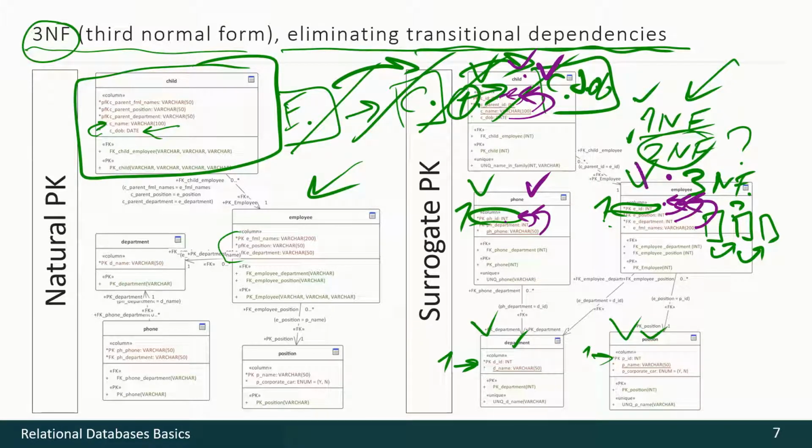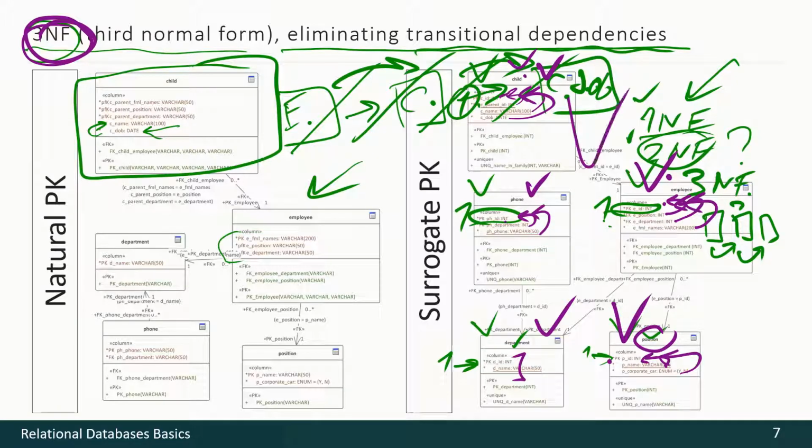So no transitional dependencies here. What about department? We have two fields only, so no transitional dependencies by definition. What about position? We have ID, and we have the position name that depends on ID, and we have the information about car that depends on the position ID. So everything's okay here, and we see that we have the third normal form for the whole database.